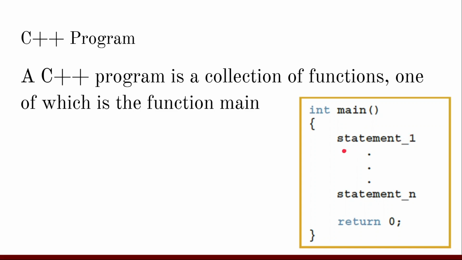All right, so let's look at the syntax. The syntax is that we have int main, that's your entry point of a C++ program, and then the opening curly bracket and the closing curly bracket. That's the block where we need to write our C++ program. And we can have statement 1 to statement n in your C++ program.